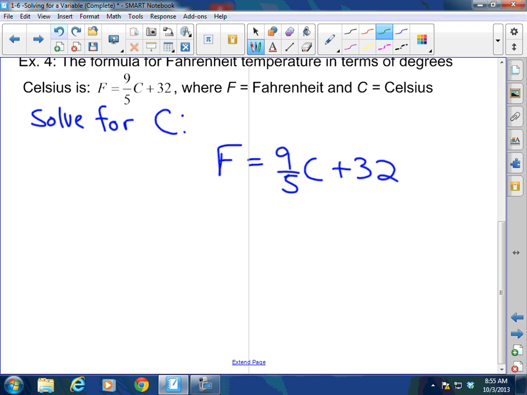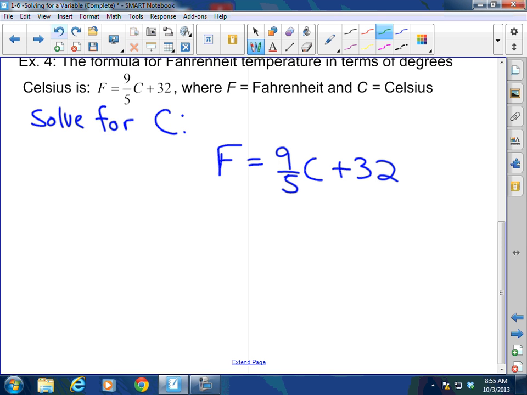My friends, what kind of an equation is this? What's happening to the C here? Sir, it's being multiplied by 9/5 and 32 is being added to it. So in this particular case, this is a two-step equation, right? How do we undo a two-step equation first? You undo addition and subtraction. Very good. So what am I going to do here first to start getting the C alone?